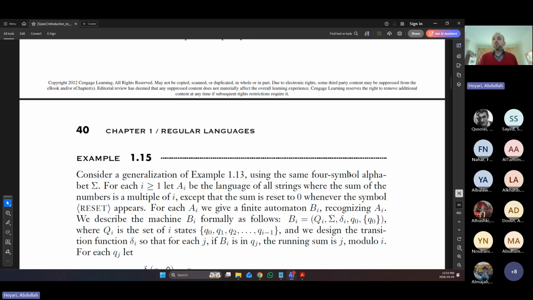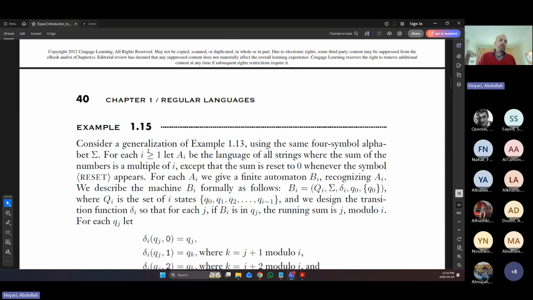Using the same 4-symbol alphabet sigma, for each I greater than 1, let A sub I be the language of all strings where the sum of the numbers is a multiple of I. So in our example it was a multiple of what?